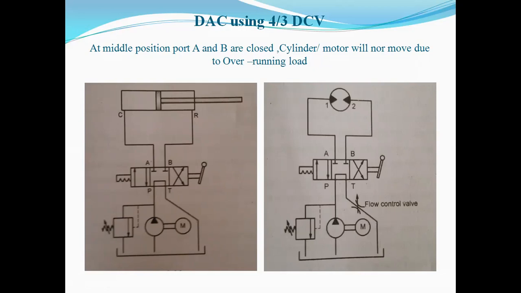Once we reach the predetermined pressure, we can change the direction of flow. For that purpose, the flow control is placed at this portion, for the safeguard of the circuit.